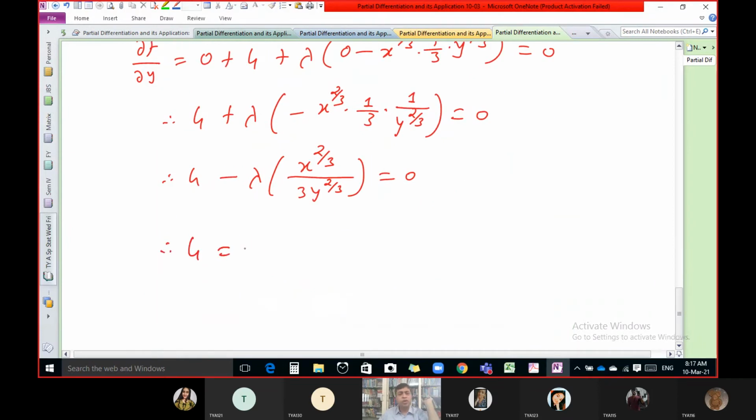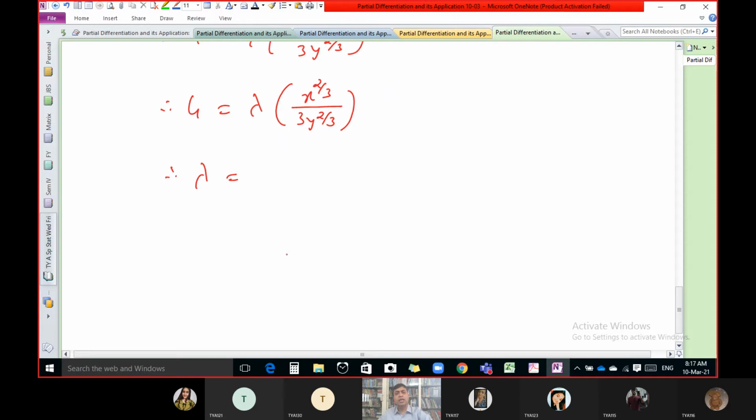So we get 4 equal to lambda, keep this as it is. And now tell me the value of lambda. What is lambda now? 4 into 3, that is 12, y raised to 2 by 3 upon x raised to 2 by 3.